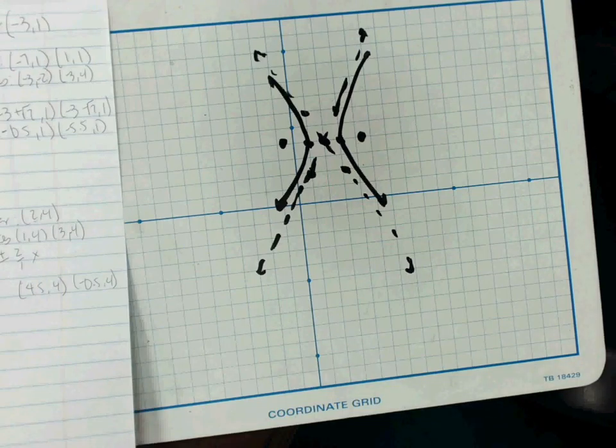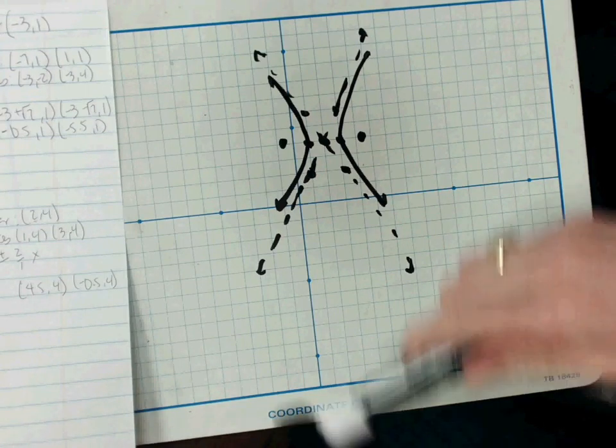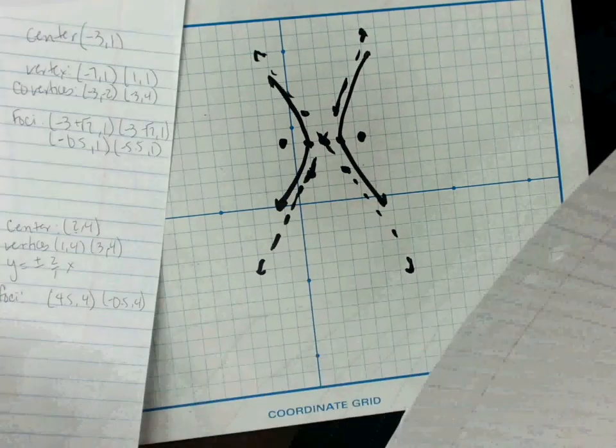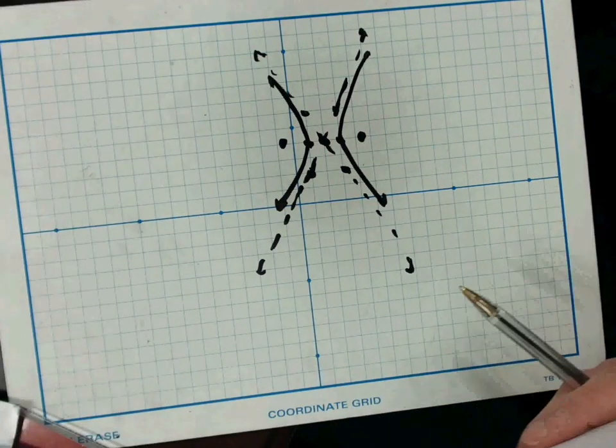The only other thing is if our conic sections are not written in our standard form. And so if it's in general form, it's going to look like this. So let's see.